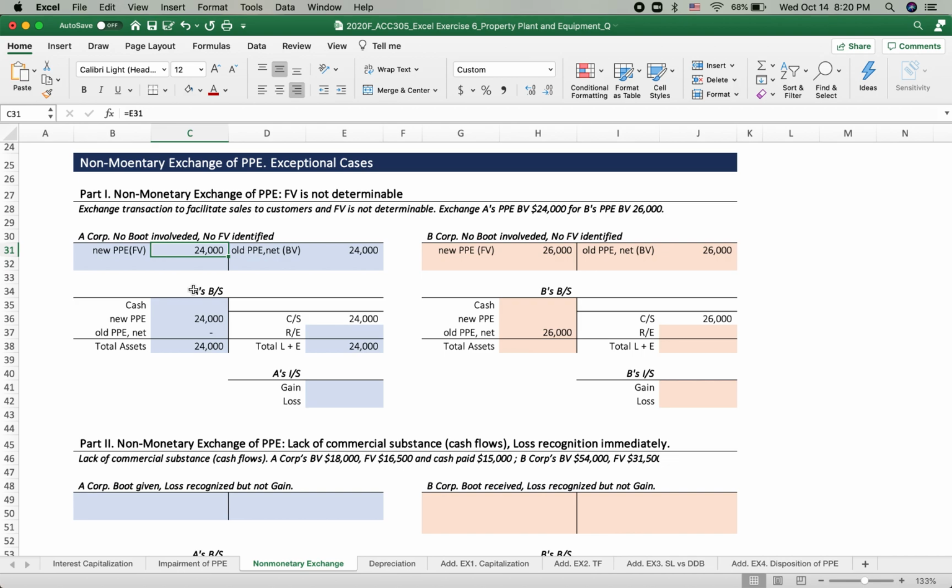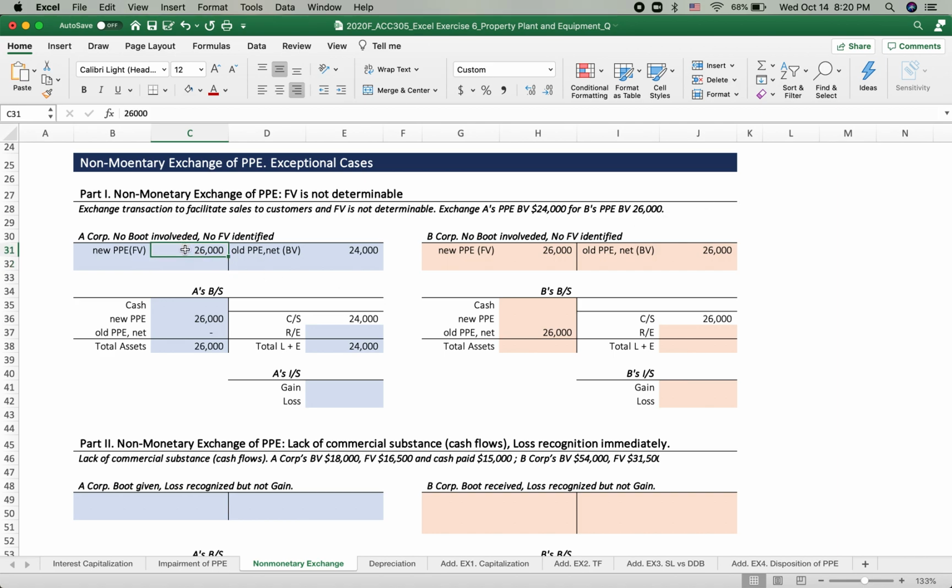In this case, the A corporation never put $26,000, even though we knew that the B's PP&E book value was $26,000. Don't care. We don't trust this book value when we exchange, because the fair value is not identified. When you put this new PP&E, which is acquisition cost, it's not the book value of the counterparty.